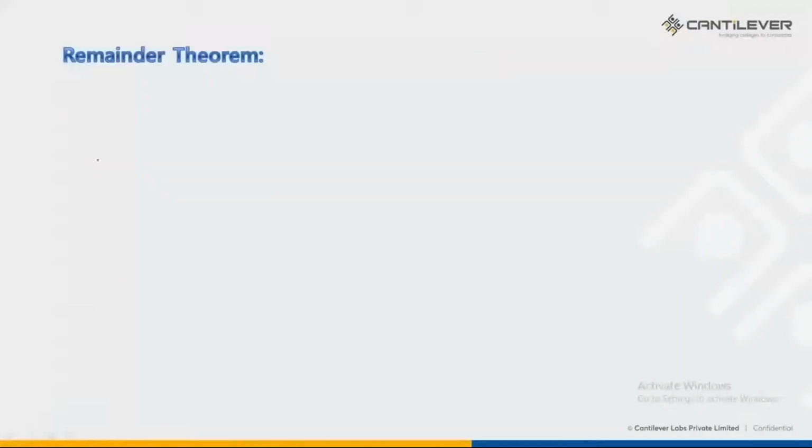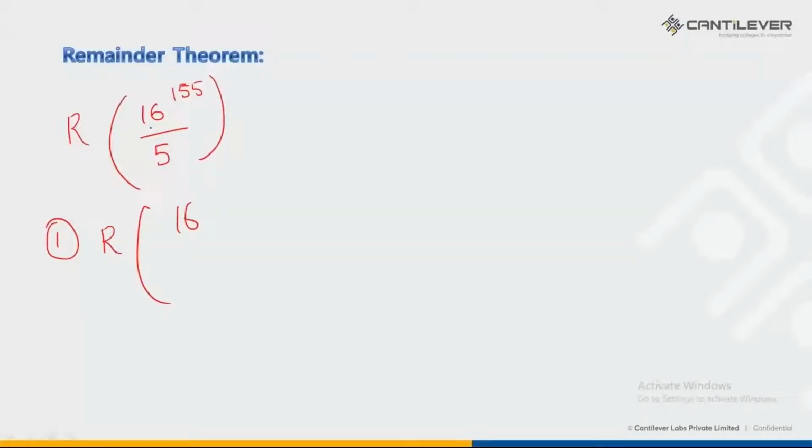So listen carefully. My question is the remainder when 16 to the power of 155 is divided by 5. What is the remainder when 16 to the power of 155 is divided by 5? First step: the remainder when 16, the base, is divided by 5. What is the remainder? 1. Second step, replace this 16 with 1.